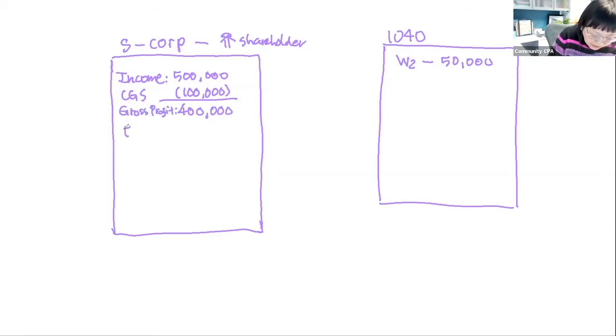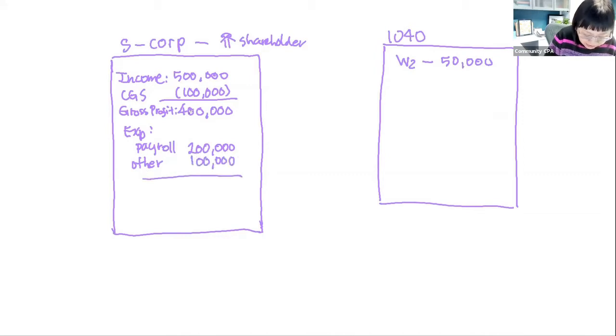And I have other expenses. Payroll is a big one. I pay a lot to my employees, so I have 200,000 in payroll. And then I have other expenses like rent and utilities that take another 100,000 out. So I'm left with 400 minus 300. I'm left with a profit of 100,000.